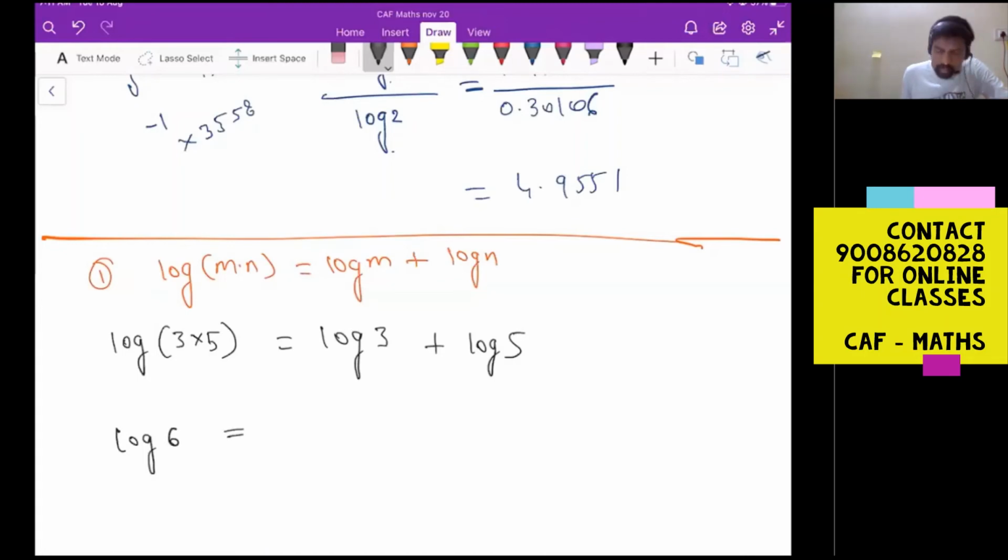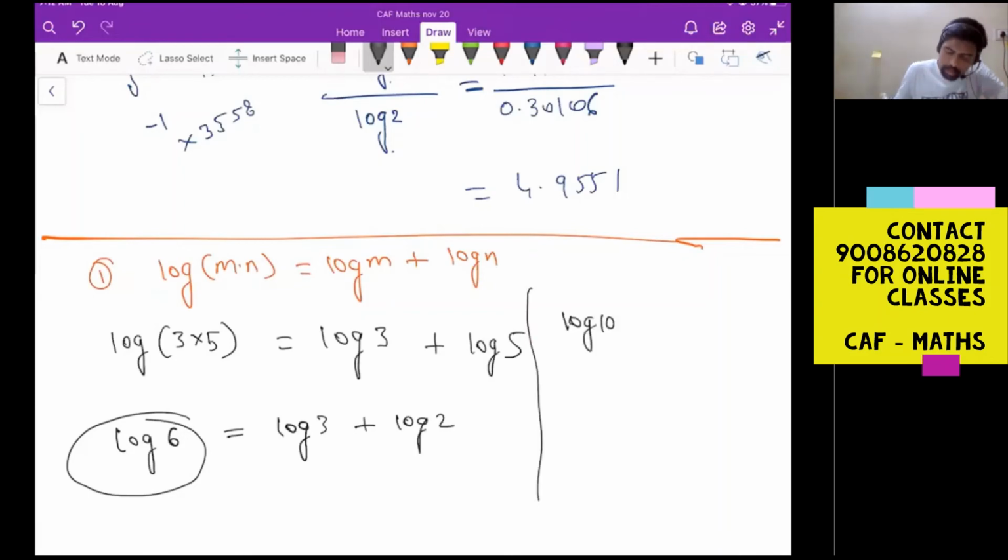Log of 6. Tell me now how to write log of 6 using the same property. 6 can be written as 3 into 2, correct? 3 into 2 is 6. So now log 6 can be written as log of 3 plus log of 2. Why? Because log 6 can be written as log of 3 into 2, because 3 into 2 is 6, right?